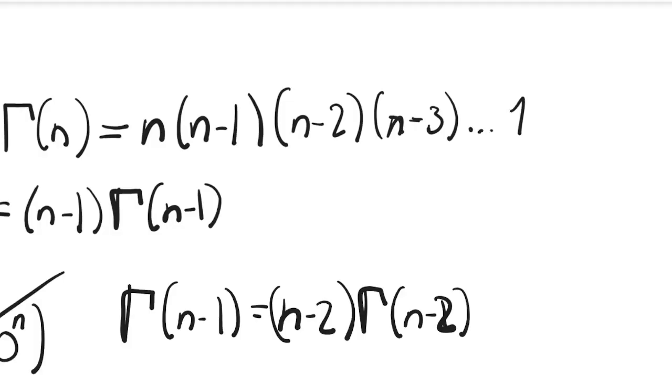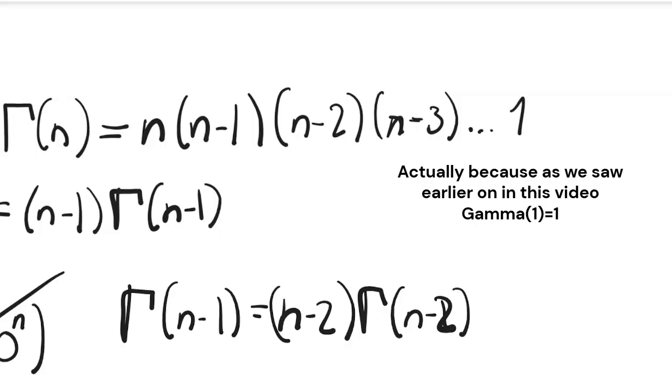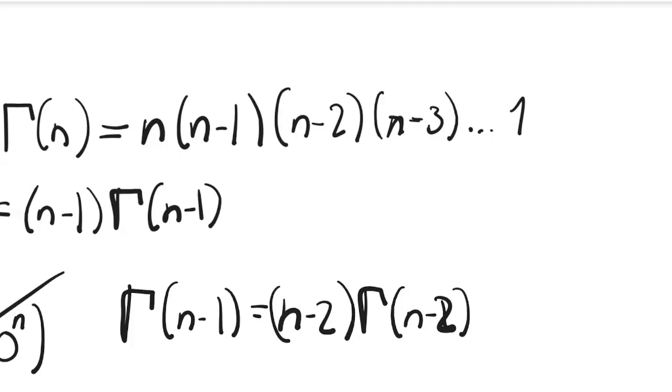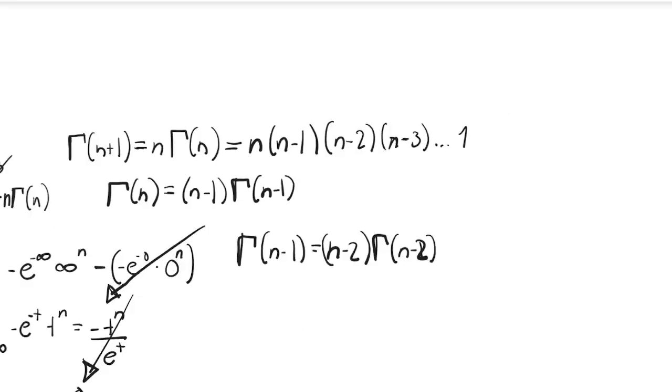Because when the value gets to, let's say, 2, it will simply go to 1. And we can restrict it to be positive.